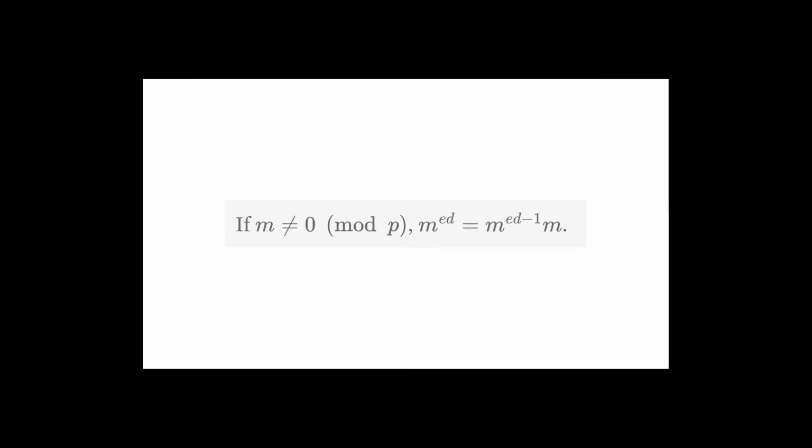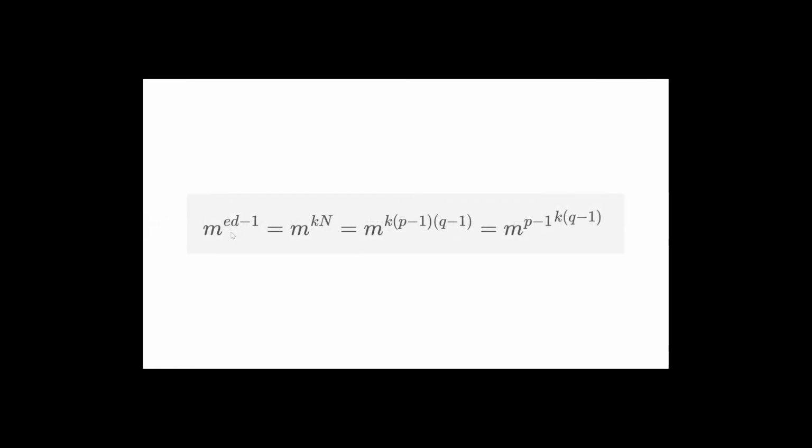But since ed equals 1 modulo big N, by definition of our secret key, we had our secret key be the inverse of e modulo big N. So if we have that statement, it basically means that there is a k. The value of k doesn't really matter, but there's a k such that e times d is equal to kN plus 1.